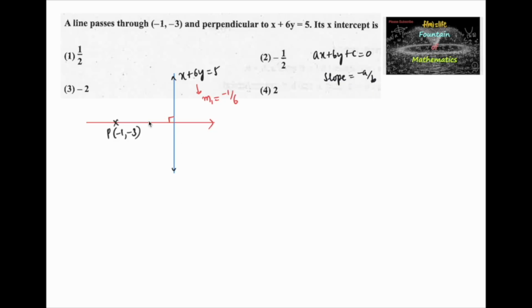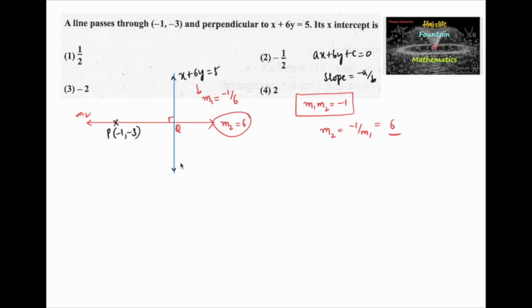And since this line is perpendicular to the given required line, that is PQ, say the slope of the line PQ is m2, then we have m1 m2 = −1 since they are perpendicular. So we can write m2 = −1/m1, that is 6. So the slope of this line PQ is 6.